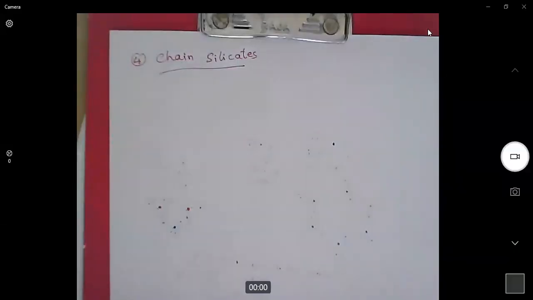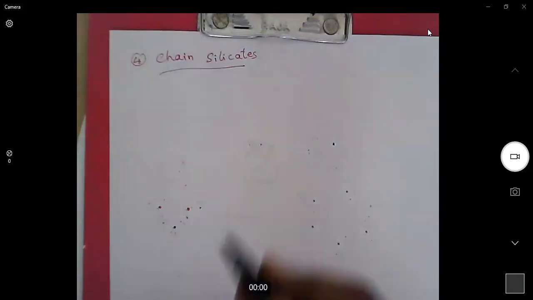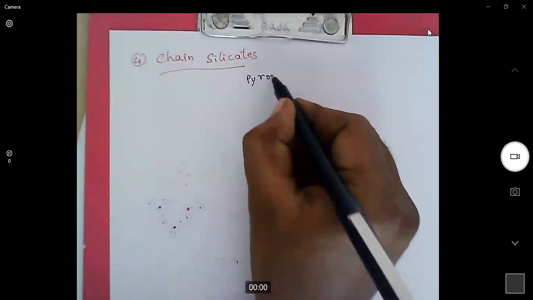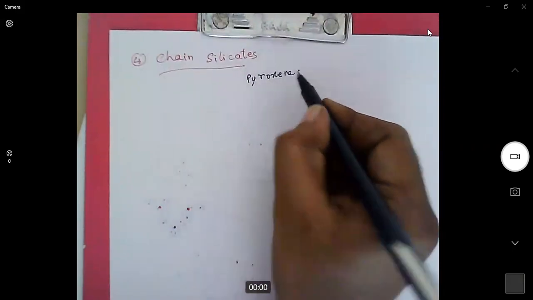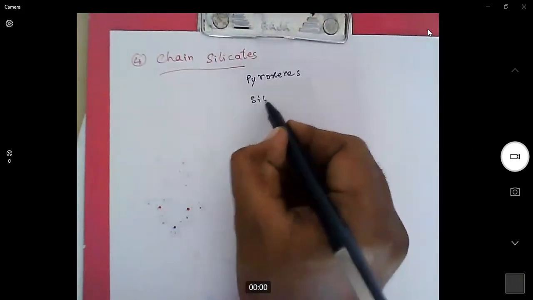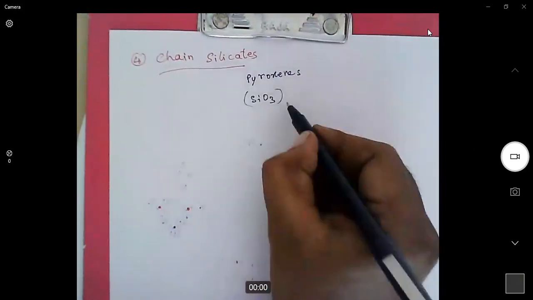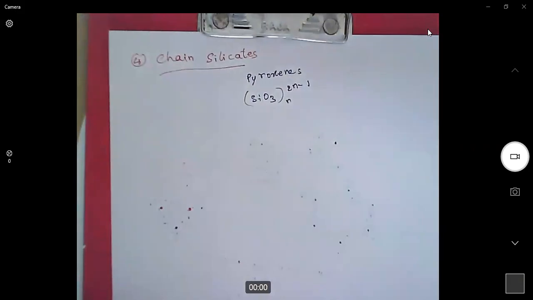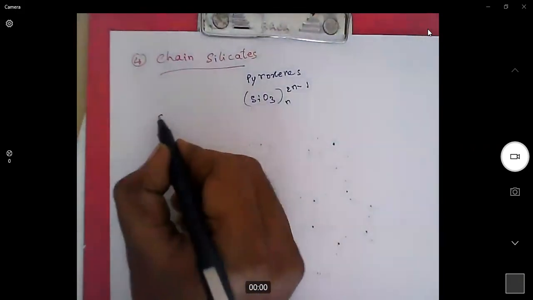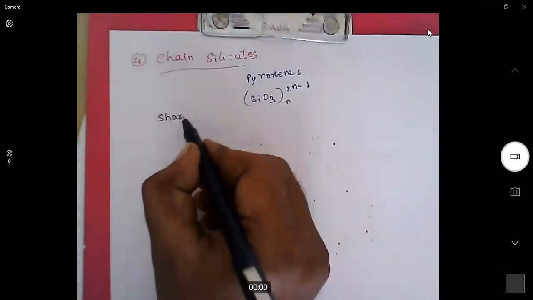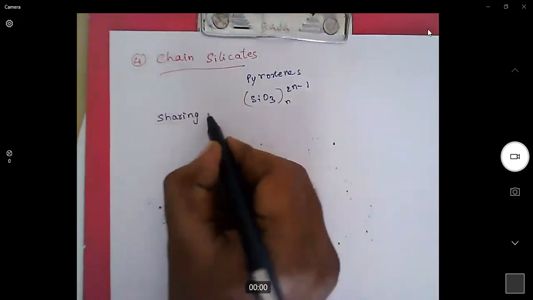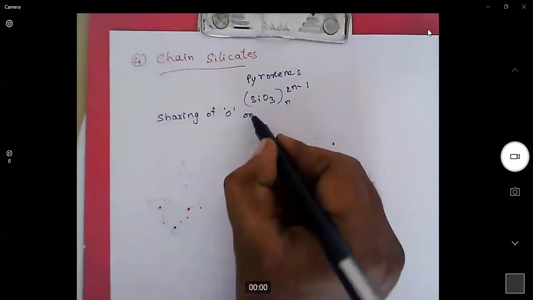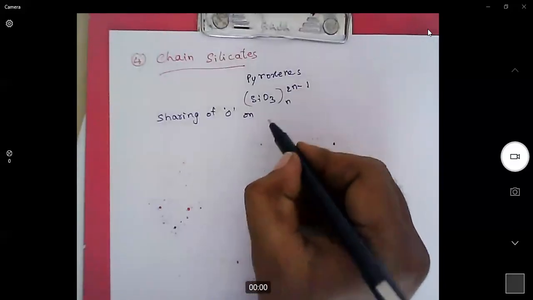Next category of silicates is chain silicates. Chain silicates are also called pyroxenes. Their general formula is (SiO3)n 2n-. Chain silicates are also formed by sharing two oxygens per each tetrahedral silicate unit.